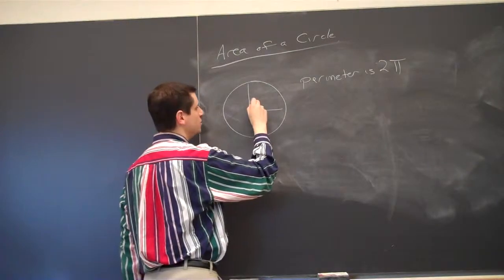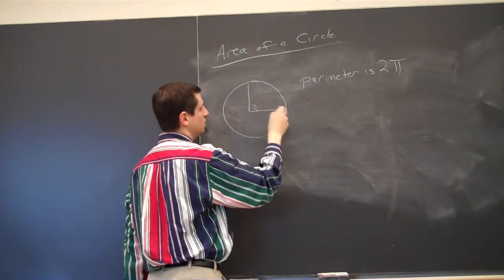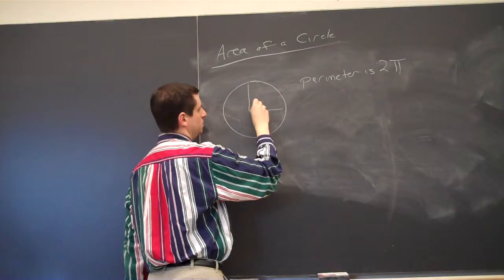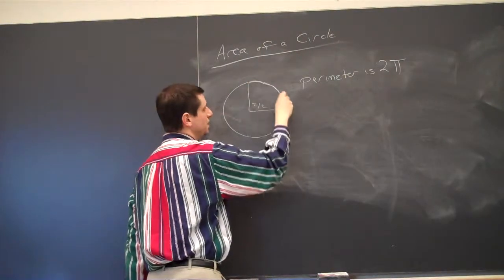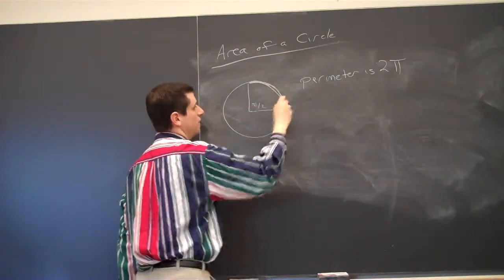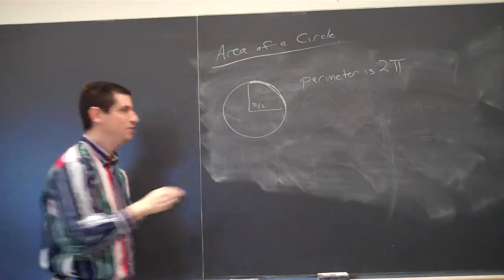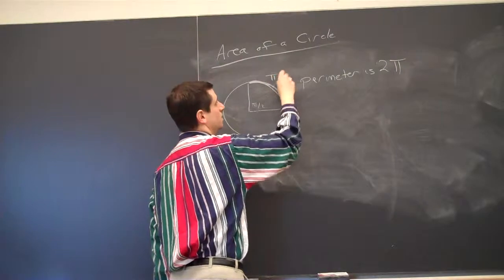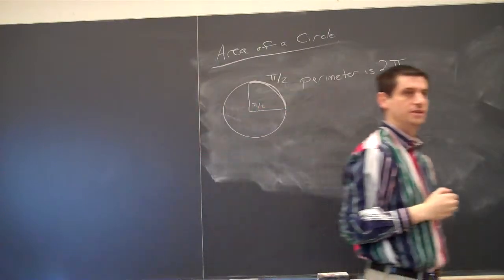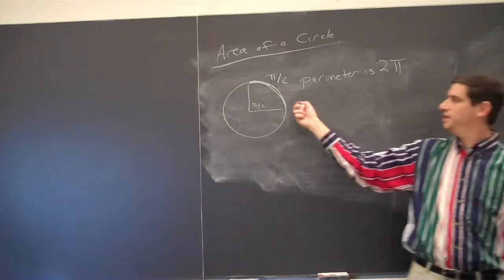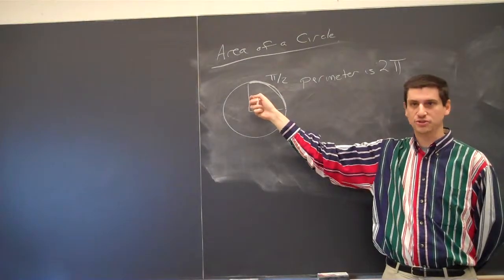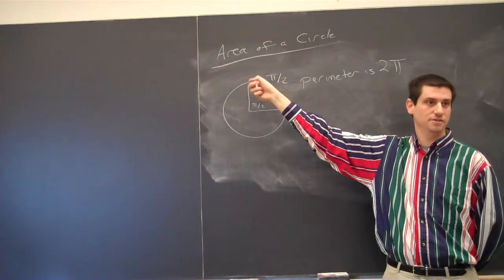Here's why pi over 2 is better. Here's pi over 2. What is the length of that part of the circular arc? Pi over 2. This is why we use radians. When you use radians, the angular measurement of a unit circle is the length of the arc.